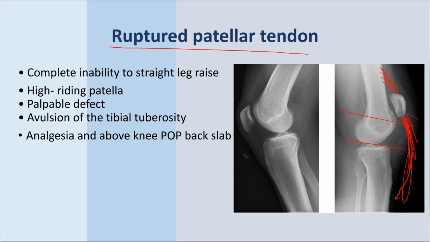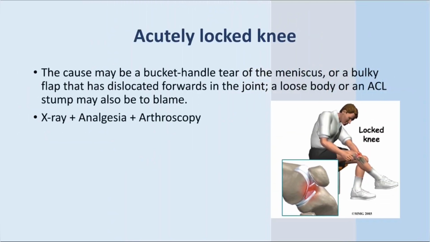So there is complete inability to do a straight leg raise. There is a high-riding patella and a palpable defect. The tibial tuberosity might be avulsed. You have to give analgesia, an above-knee POP back slab, and then refer to the orthopedic unit for surgery.